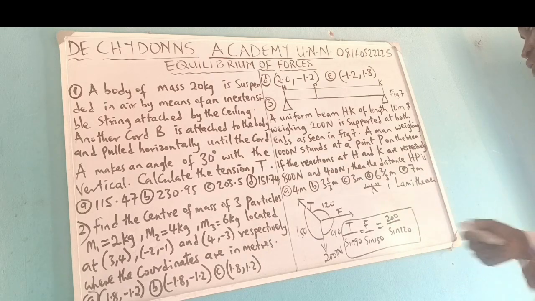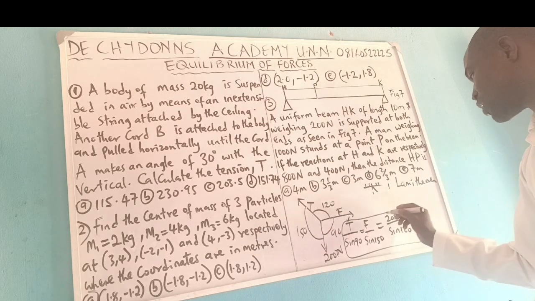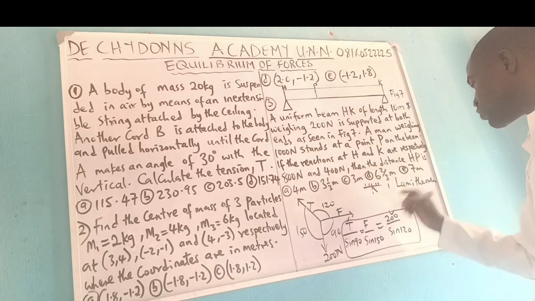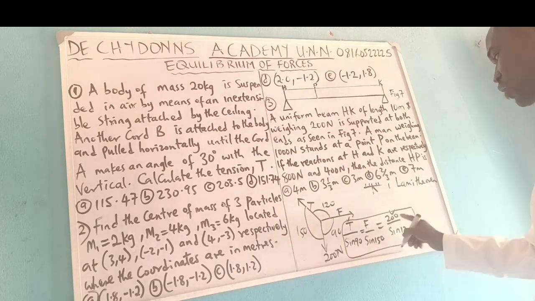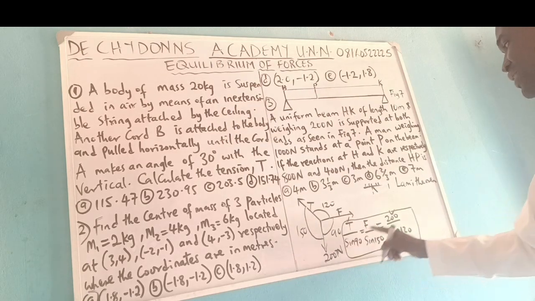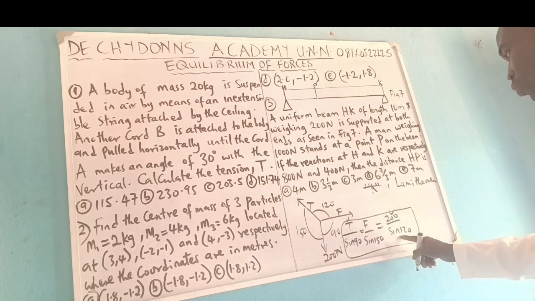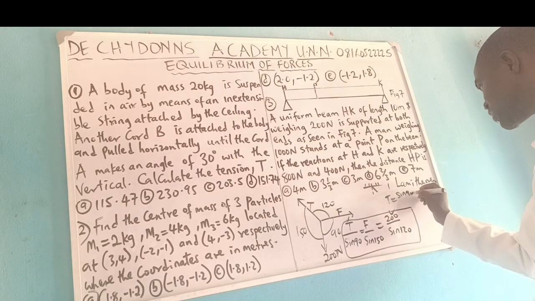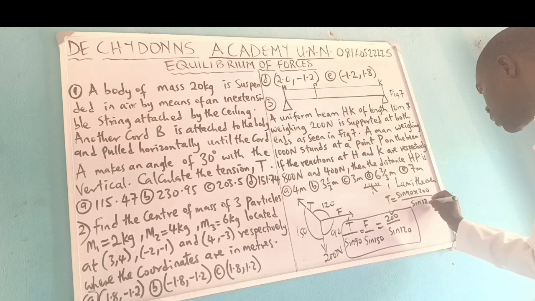Let's get our tension. I'll compare this tension and this one. Therefore, when you have T over sine 90 equals 200 over sine 120, the implication is that T equals sine 90 times 200 all over sine 120.